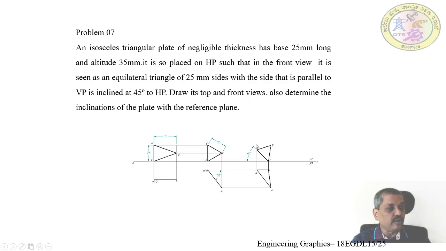Inclination with HP should always be taken on VP. If you consider A dash C dash as a line, forget about the plane, is it in true length? Yes, it is in true length. Inclination with HP should be taken on VP. So 45 degree is the true inclination. So A dash C dash is drawn in such a way that it is at 45 degree.